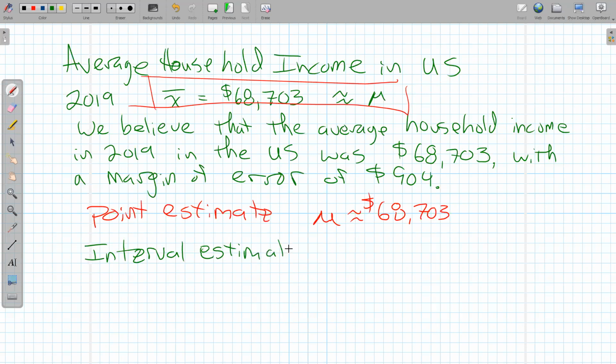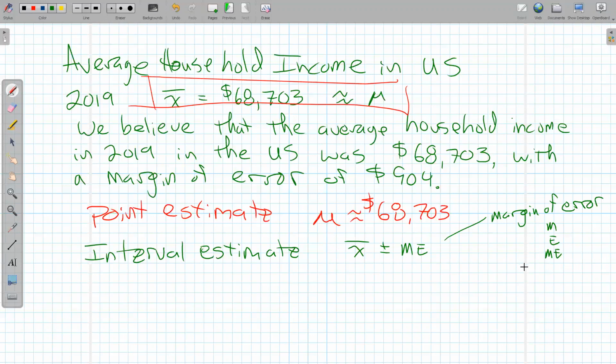A couple ways to state the interval estimate. One way is to state the center, in this case X bar, plus or minus the margin of error, which sometimes they abbreviate as ME. So ME stands for my margin of error. Sometimes you'll see in books or articles or homework, the margin of error might be just the letter M. Sometimes people use just E. Sometimes they write ME for the margin of error.